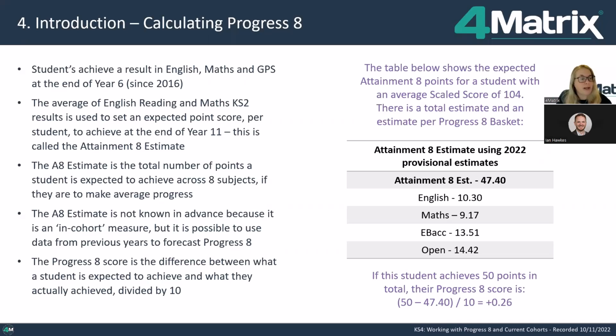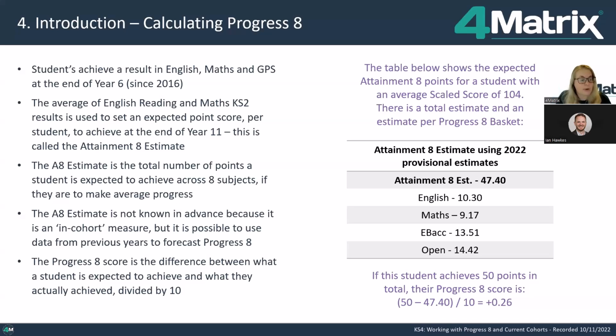The average of English reading and maths key stage 2 results is used to set an expected score per student to achieve at the end of year 11. This is called the Attainment 8 estimate. The A8 estimate is the total number of points a student is expected to achieve across 8 subjects, their best 8 subjects, if they are to make average progress.